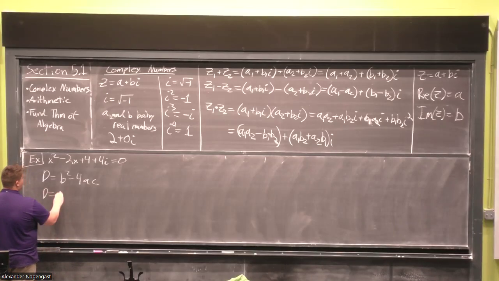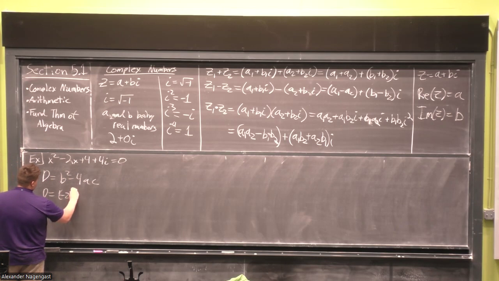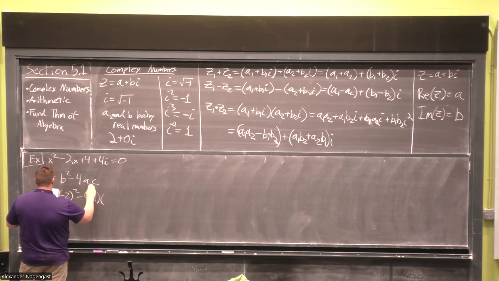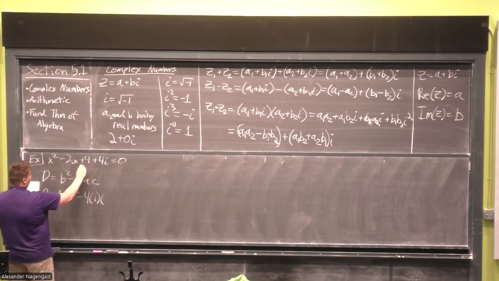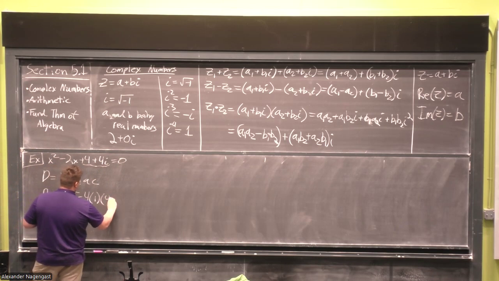And so I'm going to take my b, which is -2, squared. So that's -2 squared minus 4. a is 1, and c would be the entirety of our constant. So we're going to have 4 plus 4i.